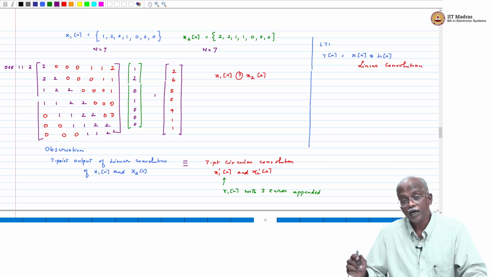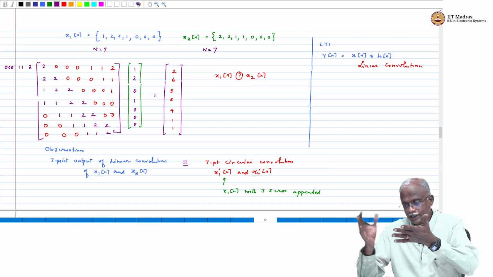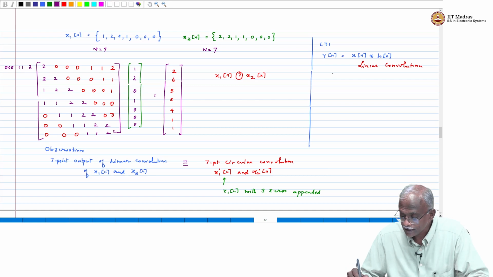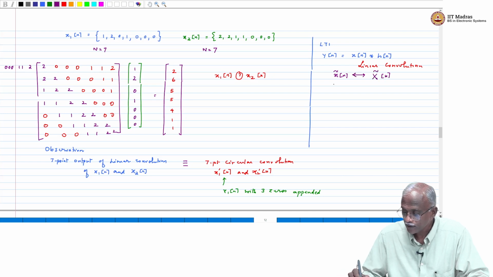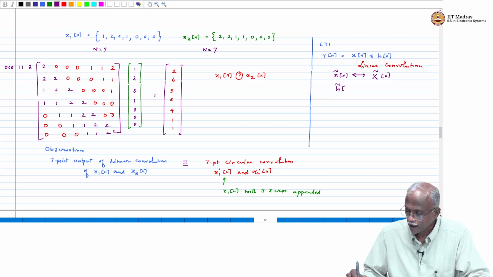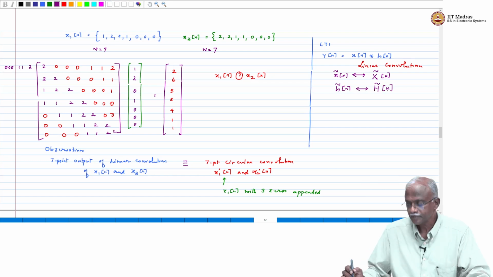So basically, what we are saying is we will look at the convolution that will happen. So if, let us say, x tilde of n, periodic sequence has x tilde of k, h tilde of n has got a discrete Fourier series representation, which is given by h tilde of k.